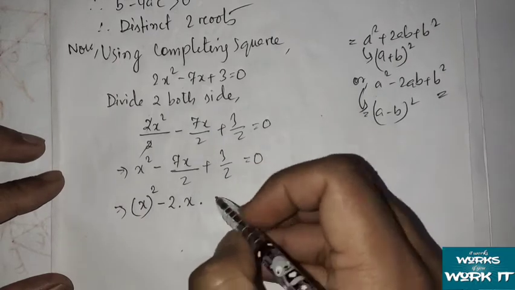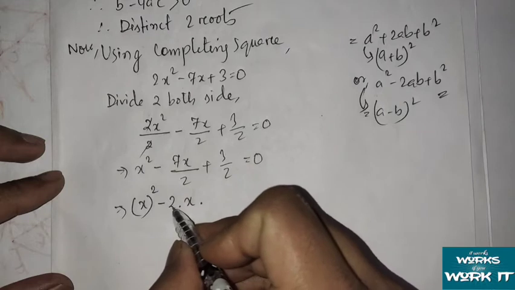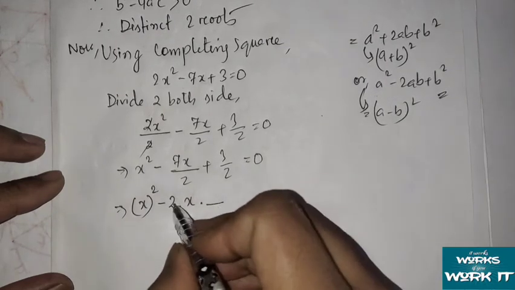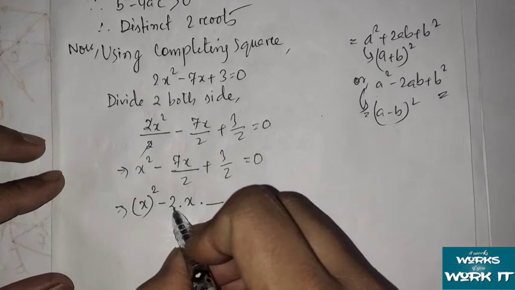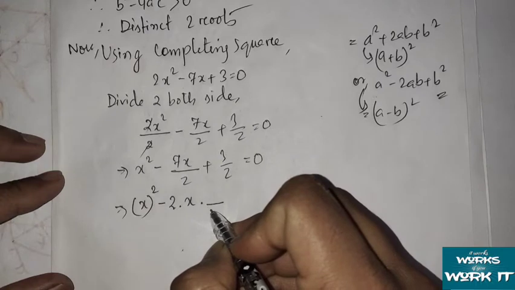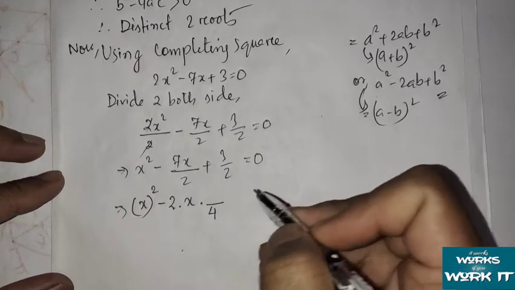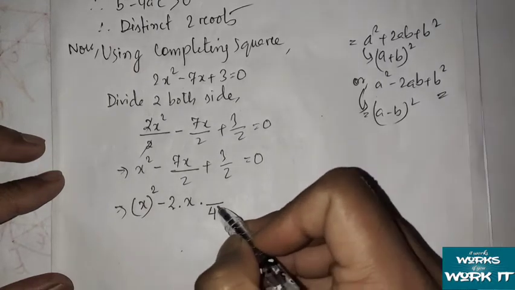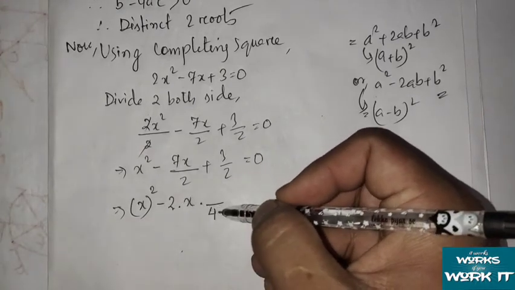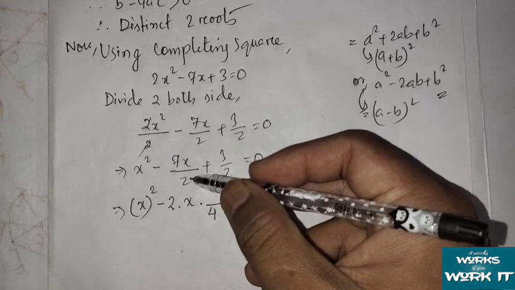Okay, so what to fill up here? 2 is already in the numerator, so I need to cancel this 2. Okay, and then we should have 2 in the denominator. So what we will do, in the denominator of b we will put 4, so that after cancelling this 2 and 4 we will be getting 2 in the denominator.